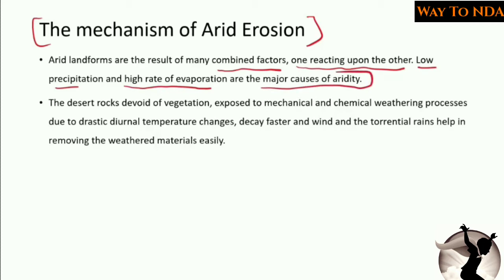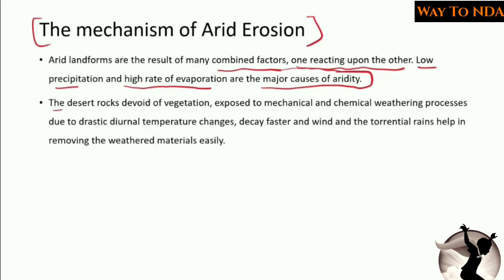As we have seen earlier when we started this lesson, I told you that the arid landforms are created because of the temperature difference. That means the precipitation, the rainfall, is very low, and the evaporation is very high. Because of this, the arid areas are created.